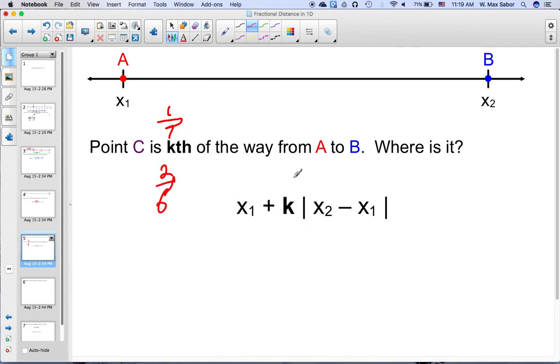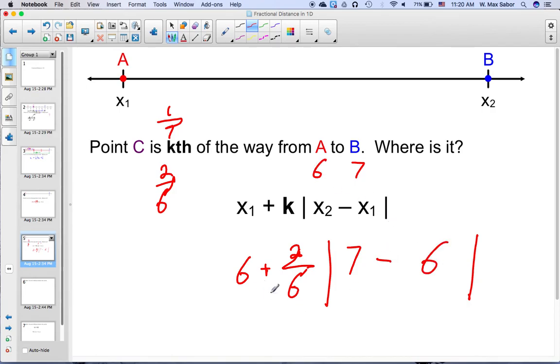And if we said 2/6 of the way from 6 to 7, I would say, okay, we start at 6. We go 2/6, and yes, I know 2/6 can be simplified. 7 is going to be our x2. 6 is going to be our x1. And this is our number. I'll simplify that. 1/3 times 7 minus 6 is 1.